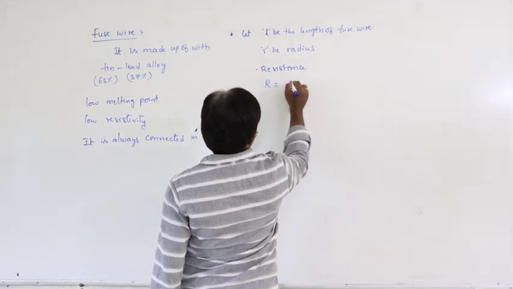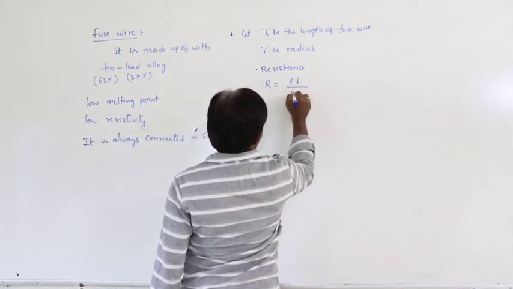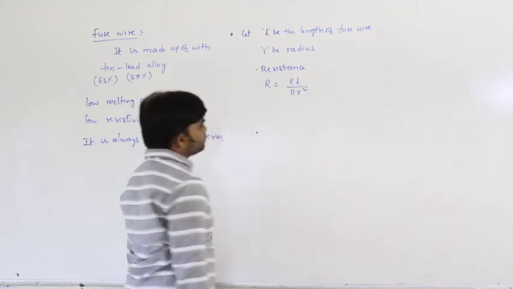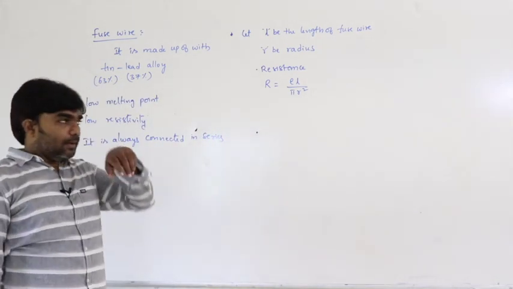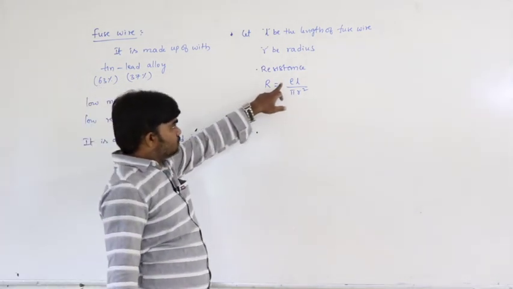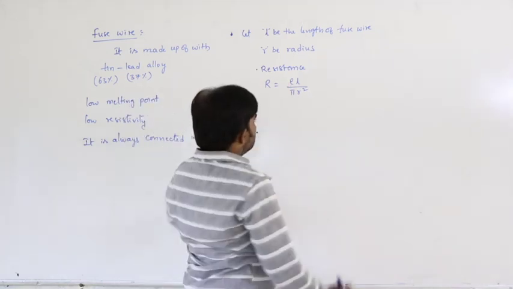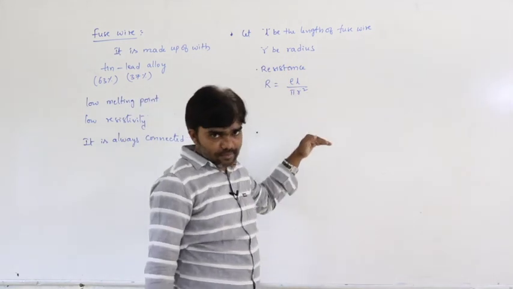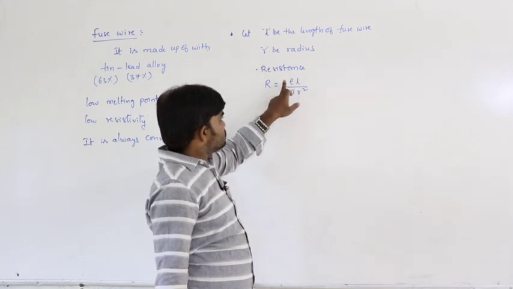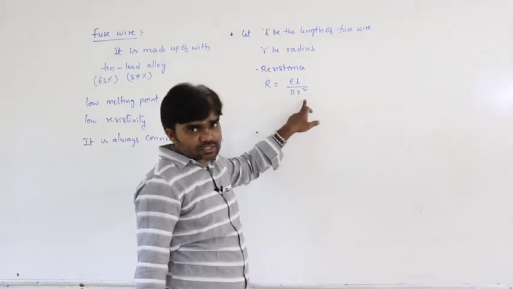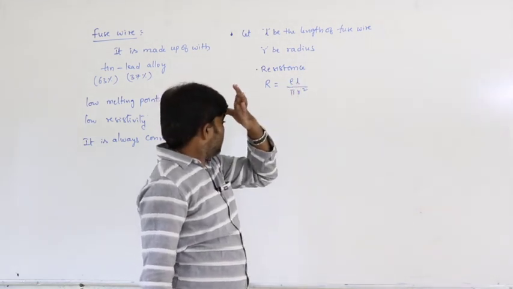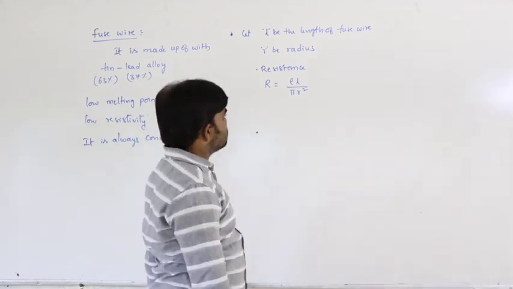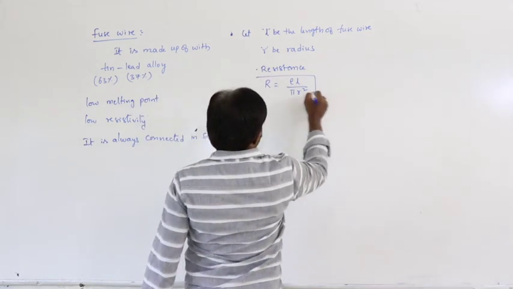The resistance formula is R = rho L by A, and the area of cross section is pi R squared. So R = rho L by pi R squared.